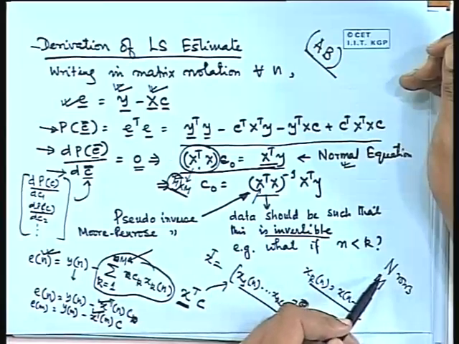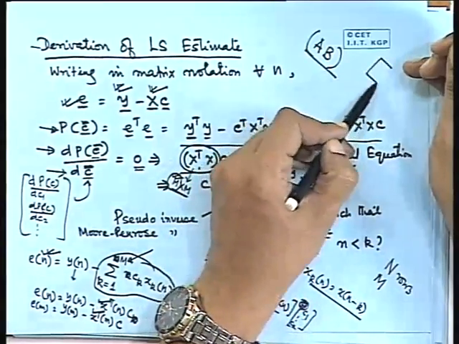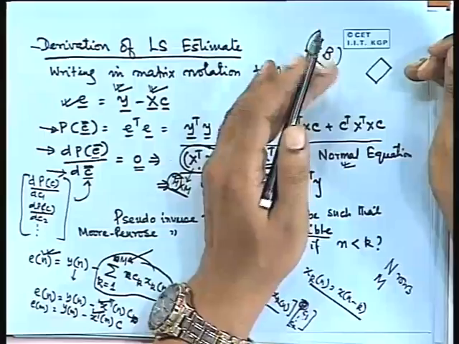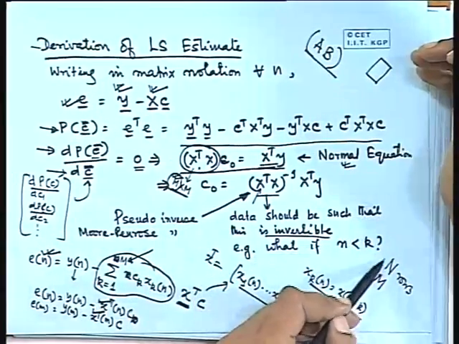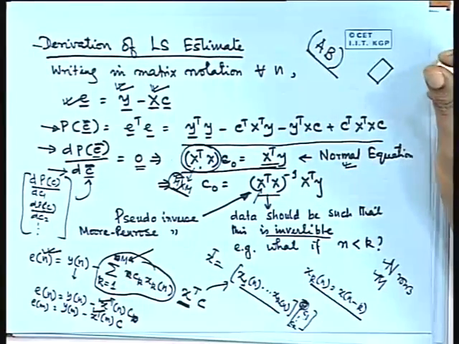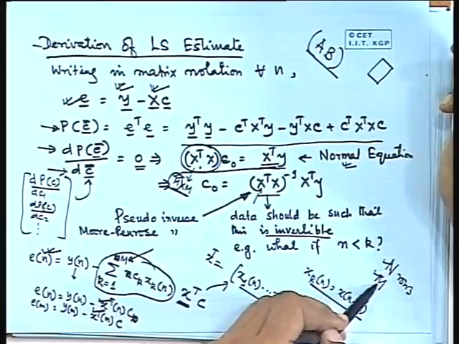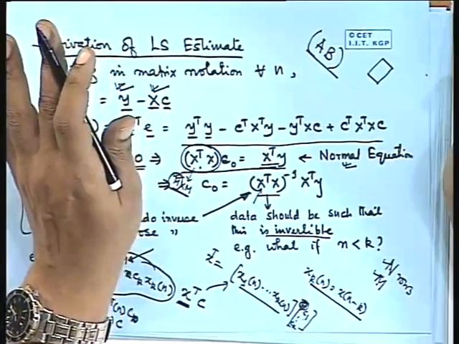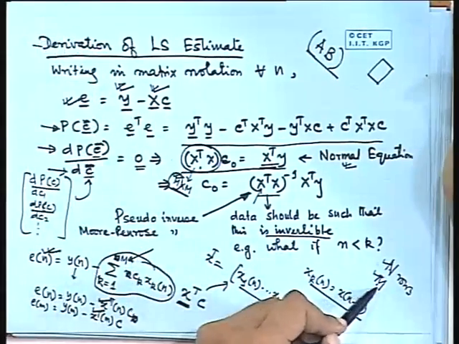So first of all, for any non-square matrix, the maximum rank is the minimum of number of rows and number of columns. Rank can never go beyond that. If you have a 3 by 2 matrix, maximum rank can be 2. So the rank is going to be minimum of N and M. So firstly, if N is less than M, then you cannot solve this problem, because then the rank is going to be less than M.